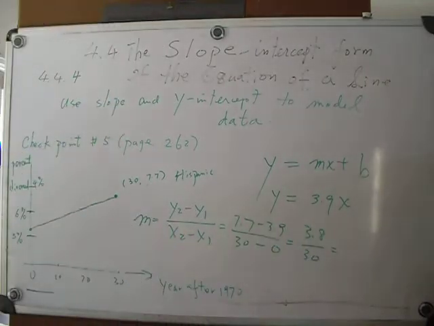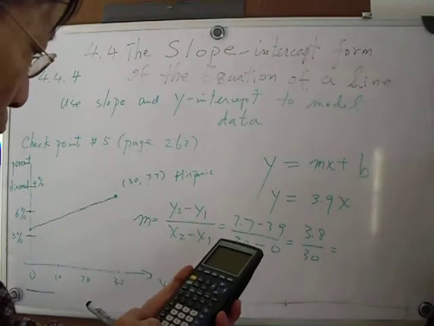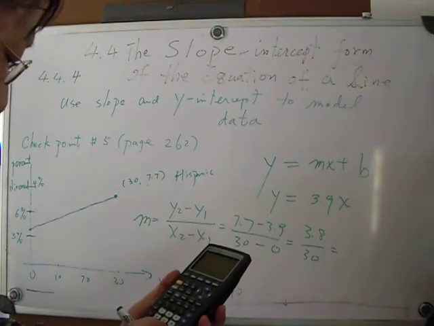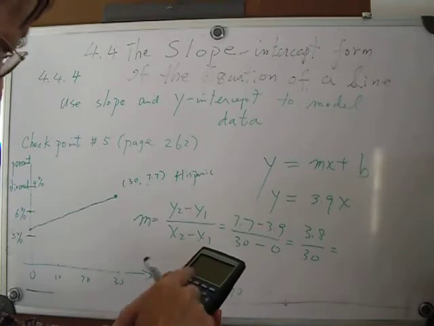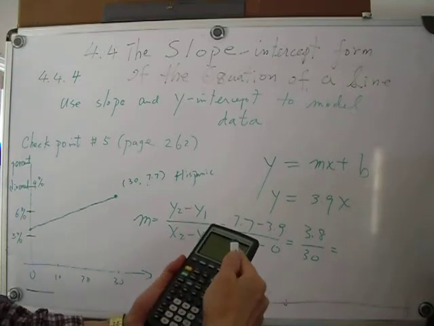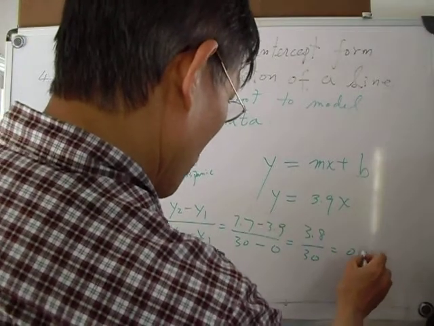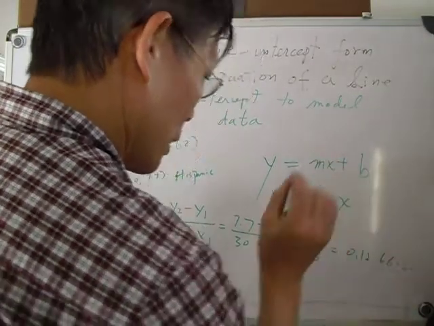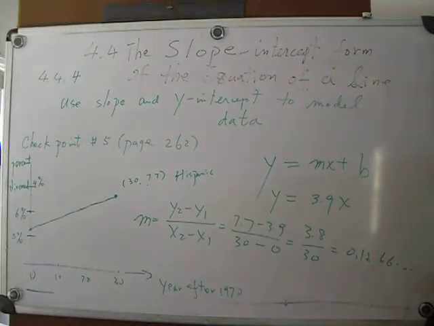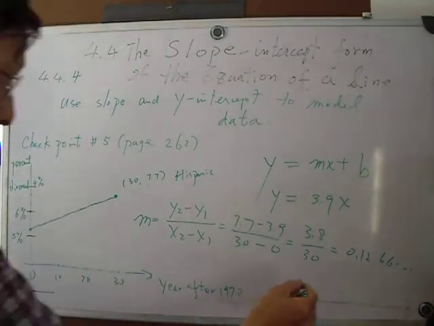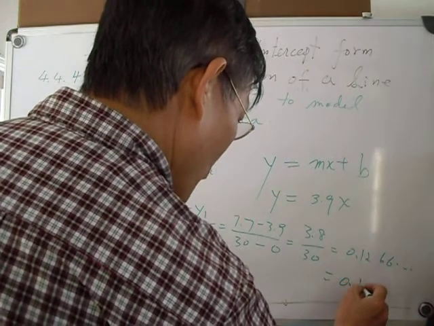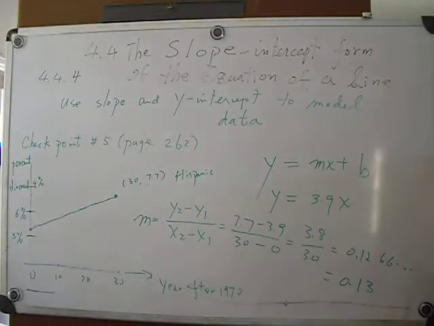Okay? And then you want to use your calculator, because this problem wants you to do the rounding. So you use 3.8 divided by 30. Your calculator will show 0.12666 and so on.